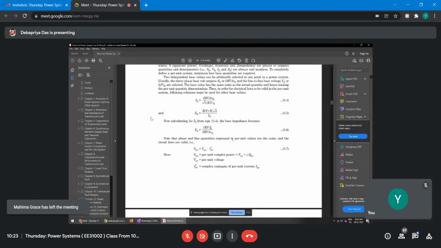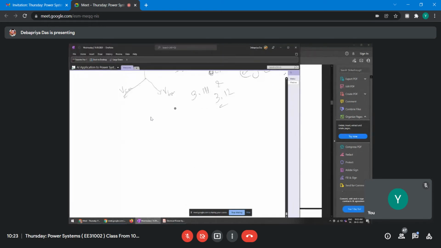For example, suppose you have taken kV base equal to 220, that is 220 kV base, right? And suppose MVA base you have taken as 100.